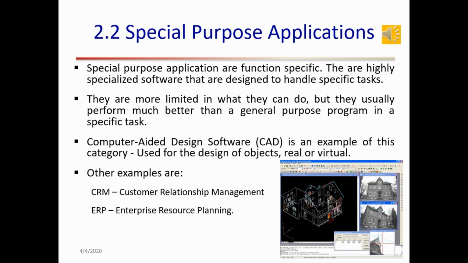Other examples are the customer relationship management application. This type of programs helps companies to keep track of their customers and to maintain the relationship with them. And enterprise resource planning is another type of application that is also used by companies to plan their resources.